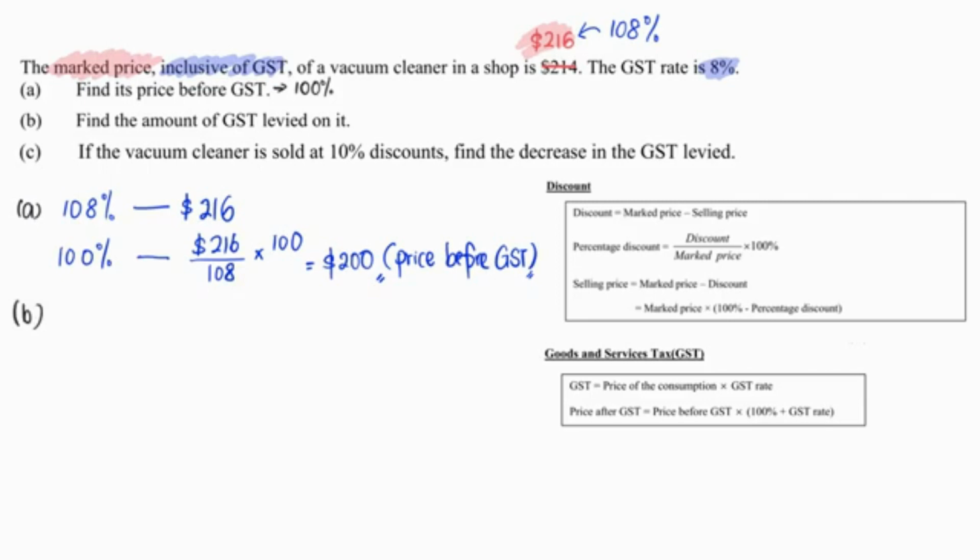Part B, then what is the amount of GST levied on it? So for the GST, if the price without GST is $200 and the price with GST is $216, how can I then find the amount of GST?